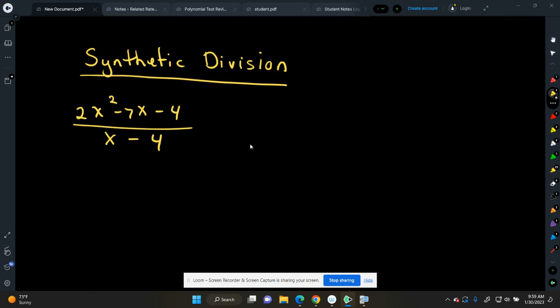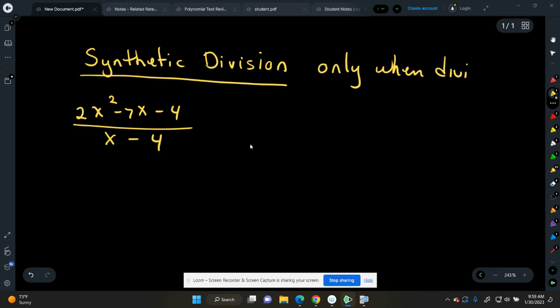Synthetic division only works when we are dividing by a binomial. What's a binomial? 2 terms. So this x minus 4 is a binomial.